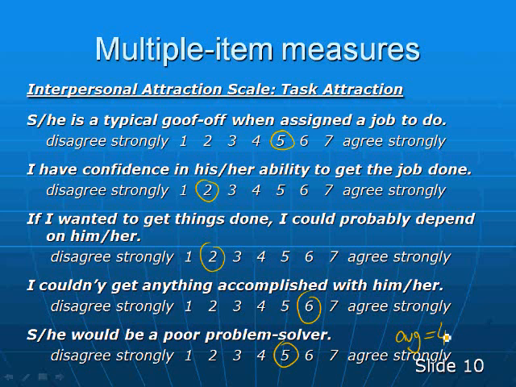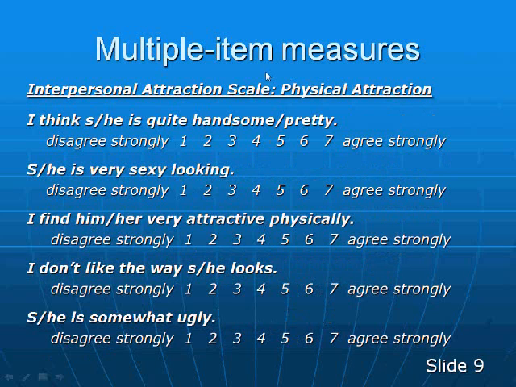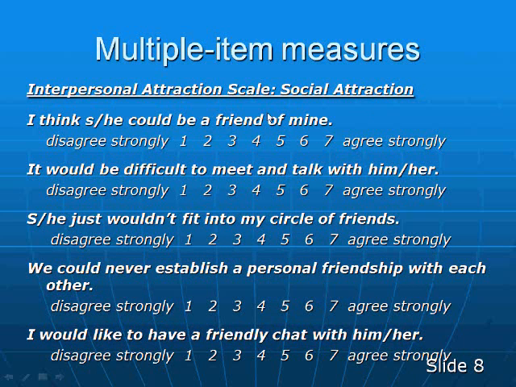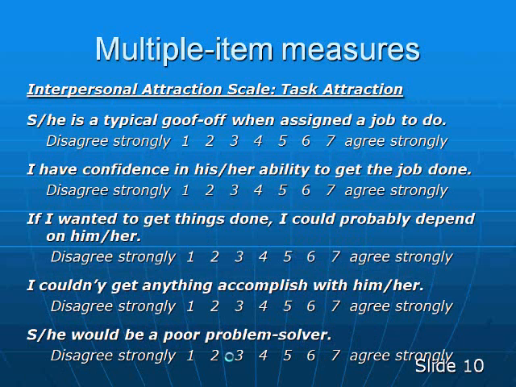And so you could say that a person scores 4 on the interpersonal attraction scale dimension task attraction. And you would do the same thing here and the same thing here. So you would end up with 3 numbers for each individual, depending on which dimension we look at. And in some cases you could average those numbers as well to give you one average level of interpersonal attraction. These are some of the things that can be done with multiple item measures.